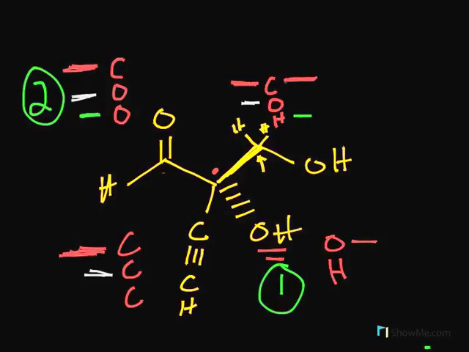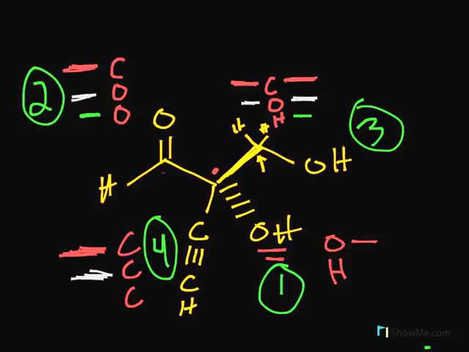However, if we go to our second atom, we're going to get oxygen here, and in this case we have carbon. So oxygen beats carbon, therefore the CH2OH is going to be our third priority. And by default, that leaves the alkyne as the fourth priority here. So again, this is the way you assign priorities here.